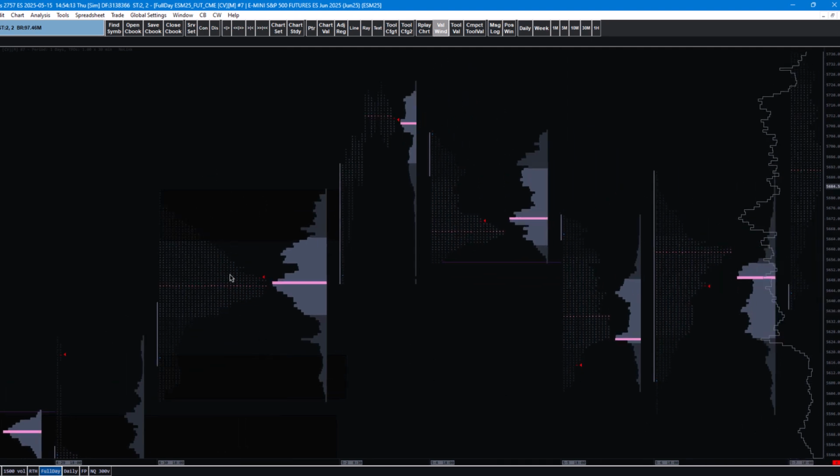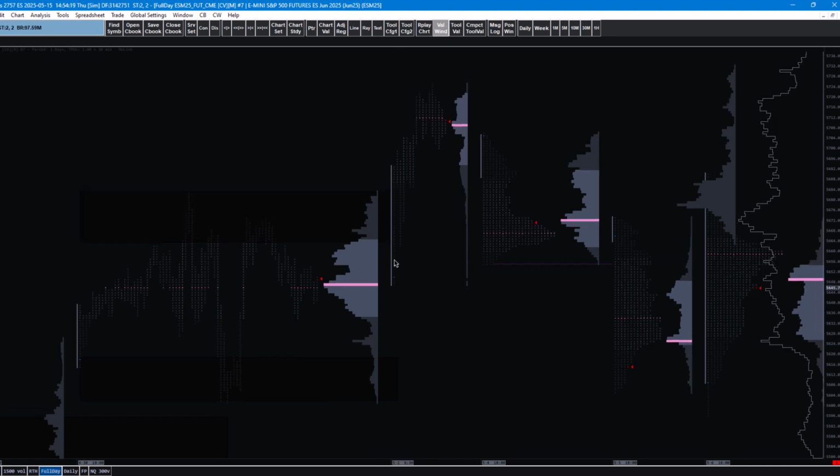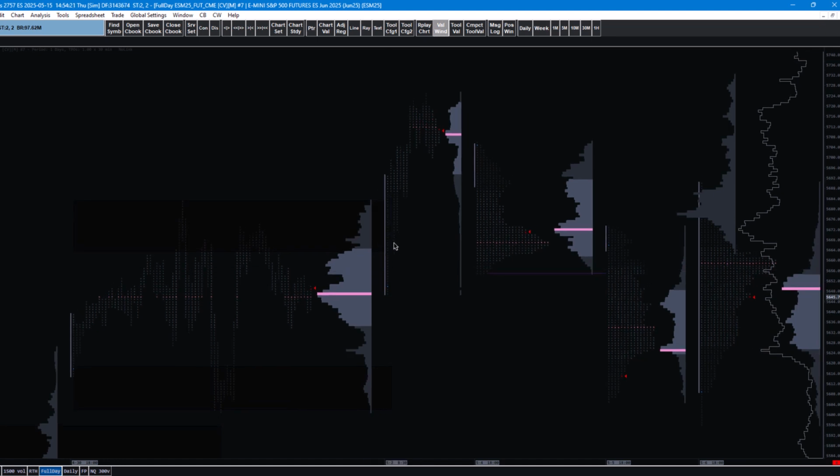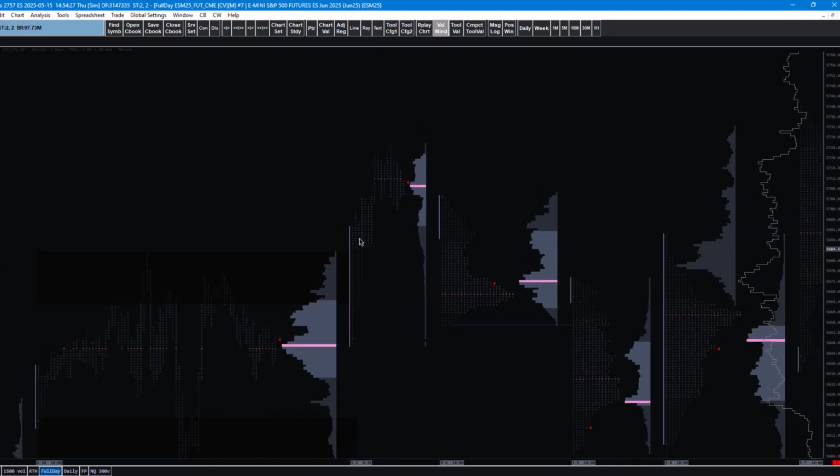Alright, so here we had our balance beforehand, then this was the 30-minute candle that broke that. Now we want to see a retest of this VAL high and see what we do. We retest, we break. Now we'd be looking for longs on that break.